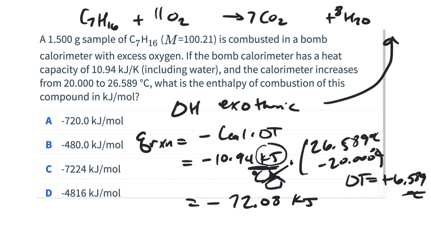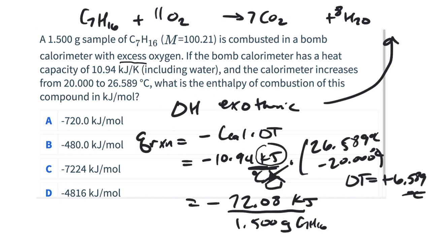And again here, this would be for the reaction occurring inside the calorimeter, not for the entire mole of the compound reacting. So to go to kJ per mole, we want to divide by either the mass or the moles of the limiting reactant. We're even told here that oxygen's in excess. It would be crazy to not have oxygen in excess. That's the whole point of this type of example, to have a really high oxygen environment. So we definitely have plenty of oxygen. So 1.500 grams of C7H16 is the quantity of the limiting reactant.